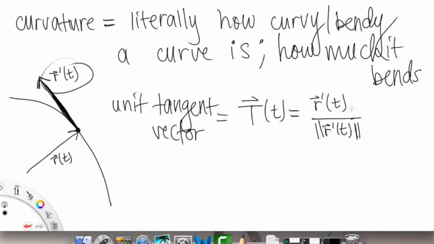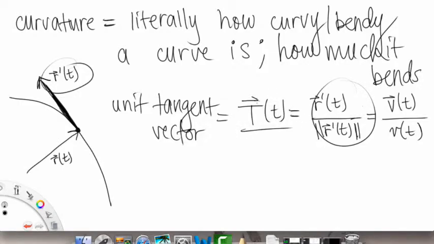So this is basically a unit vector, and you could also write it as our velocity vector, because that's what's on top, and on the bottom is our speed function, right? Which is a scalar valued function, not a vector one. Okay, so what we did, again, was normalize this and made our unit tangent actually a unit vector, of length 1.